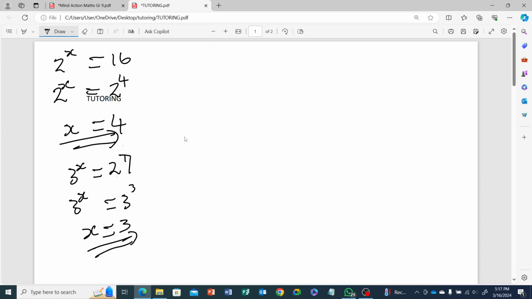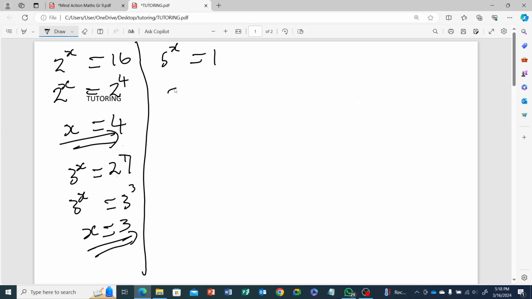Okay. Now, another one, number 12 there. So we have 5 exponent x is equals to 1. But now how are we going to solve this one? Ask yourself.